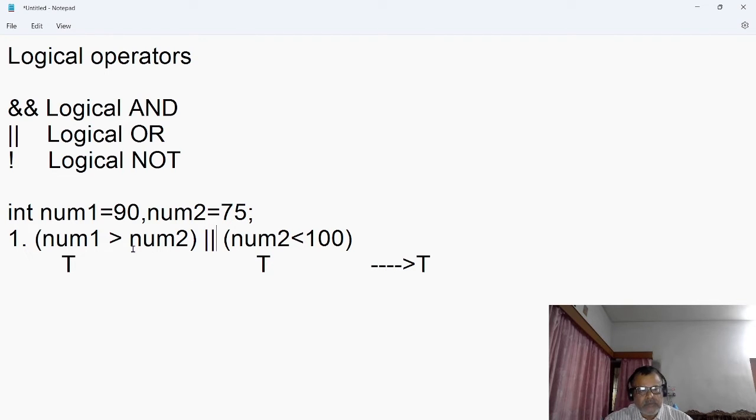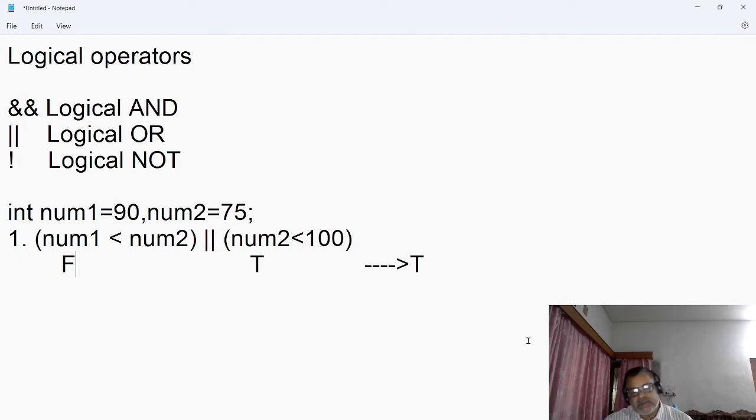Okay. If any of these expressions I make false, like this, if one is false and another one is true, you will get true.